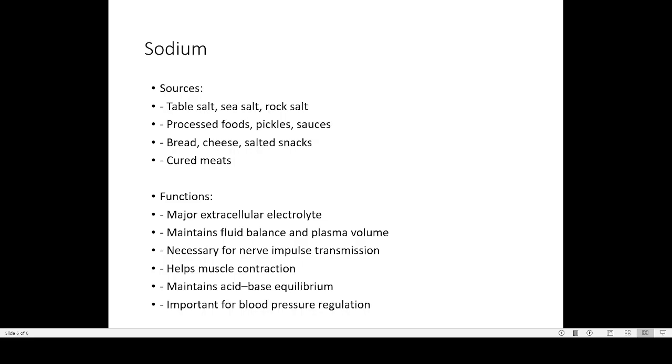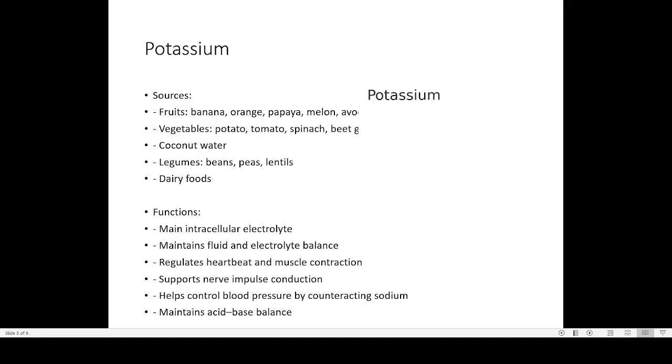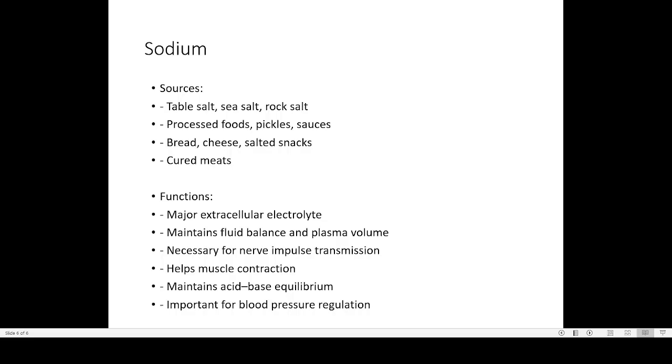Then among the functions of sodium, as in the case of potassium, here also it is an electrolyte, but extracellular. In the case of potassium it is within the cell, whereas in the case of sodium it is an extracellular electrolyte, outside the cell, and it is also for maintaining the proper level of water or fluid balance and plasma volume. How much water should be there?